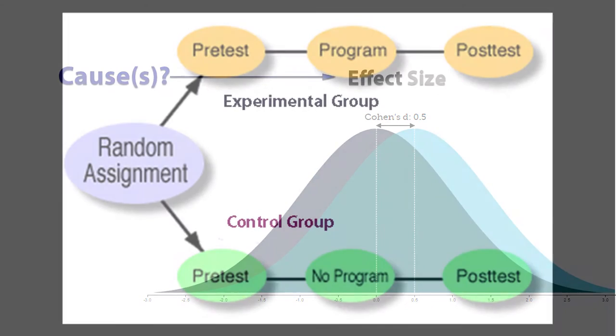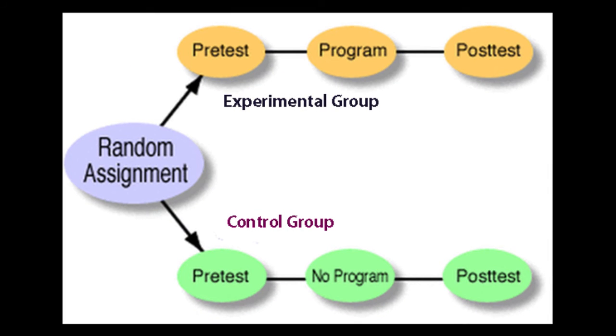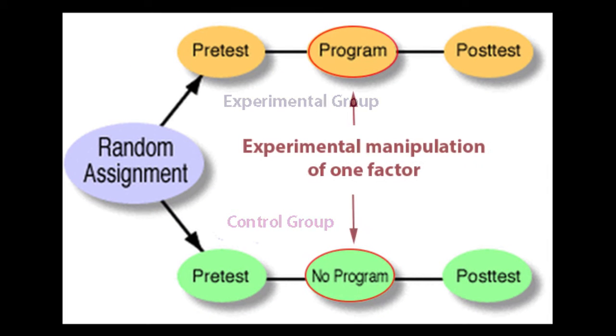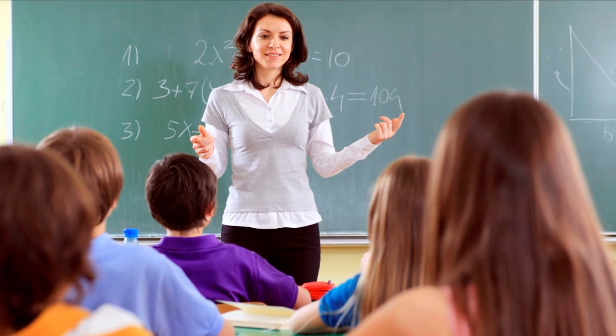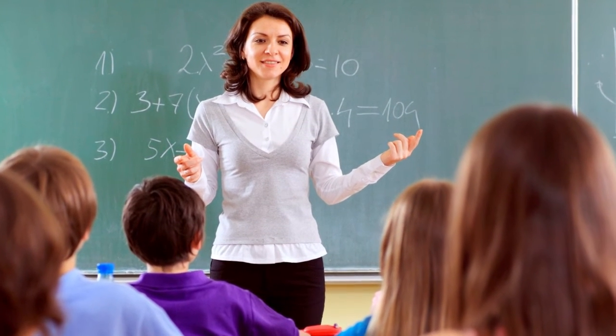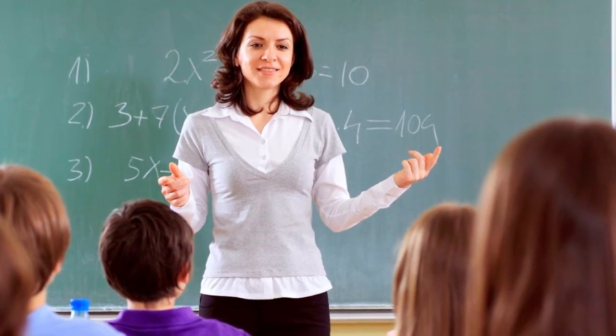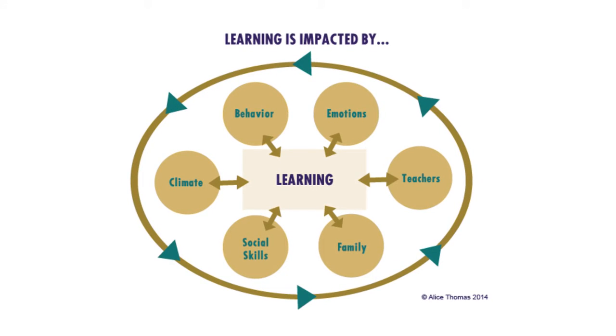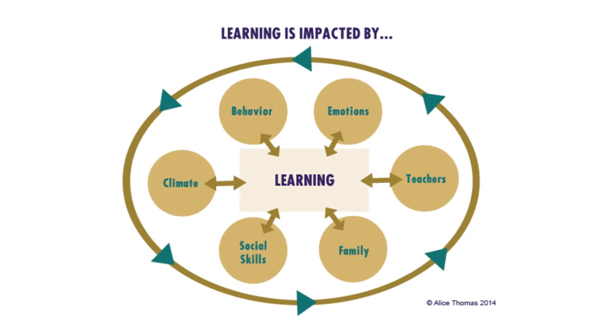In an experimental design, the aim is to control all factors other than the one whose effect we wish to establish. For example, if we wish to identify the effect of the teacher, ideally we will control all factors that are not under the direct control of the teacher.